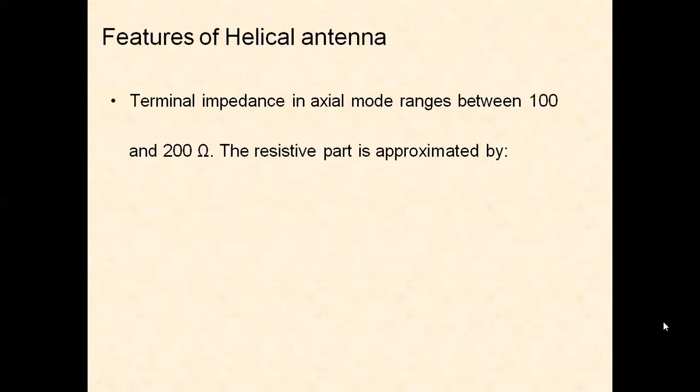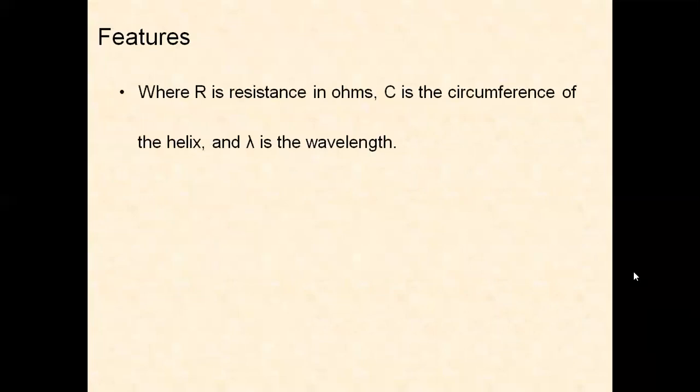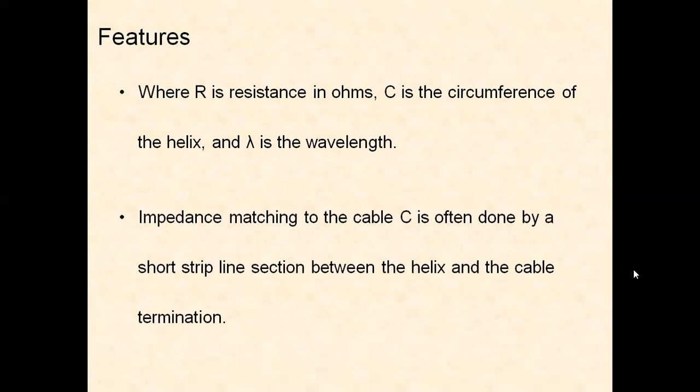Terminal impedance in axial mode ranges between 100 and 200 ohms. The resistive part is approximated by the value R equal to 140 times C by lambda, where R is the resistance in ohms, C is the circumference of the helix, and lambda is the wavelength.